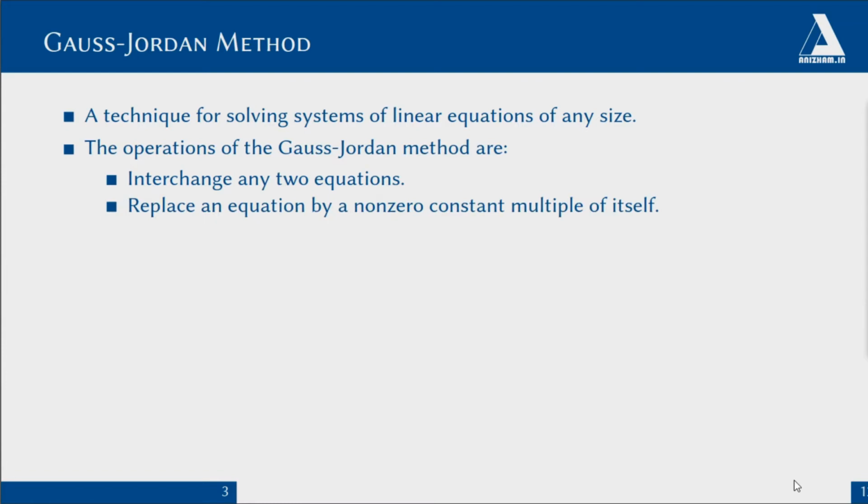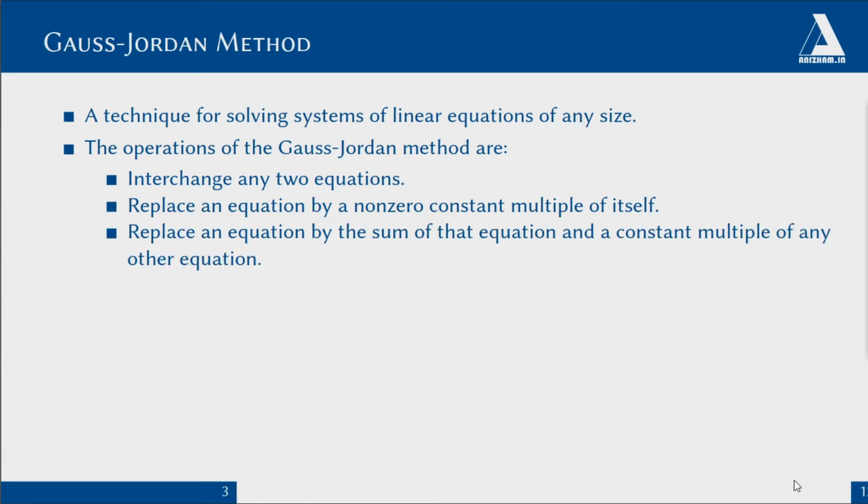The other one is to replace an equation by a non-zero constant multiple of itself. That is, the first equation is replaced by 2 times the same equation. That is possible. But replacement of an equation with a multiple of another equation is not possible. Then replace an equation by the sum of that equation and a constant multiple of any other equation.